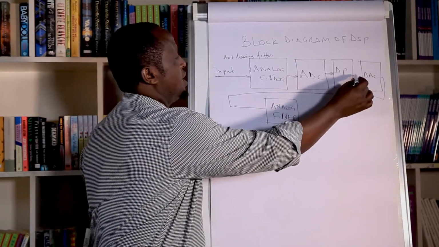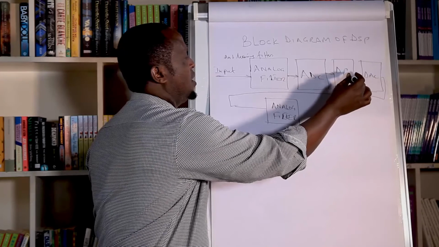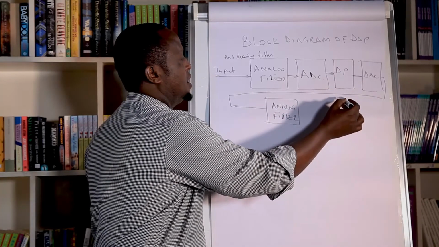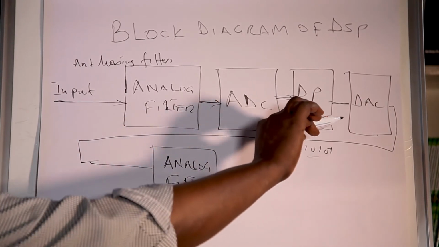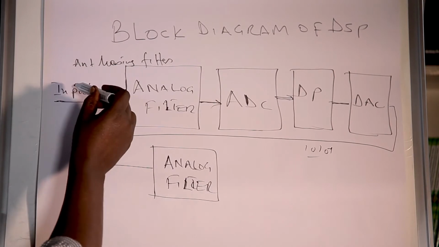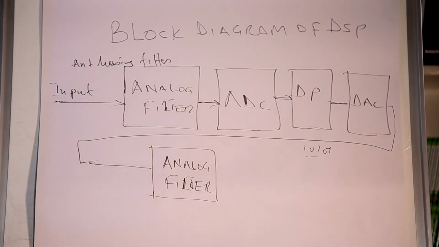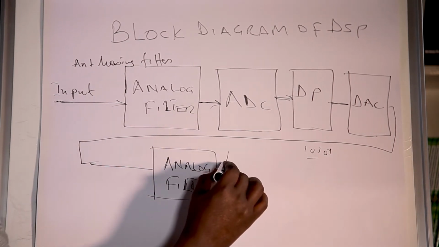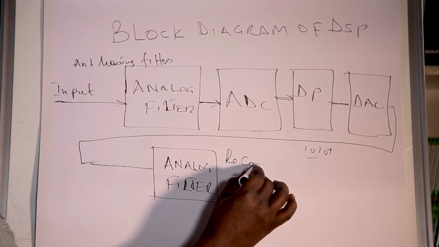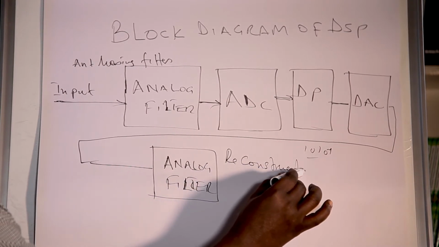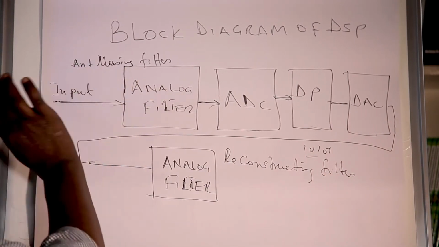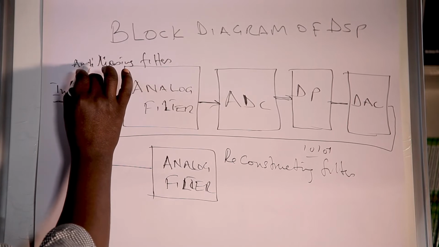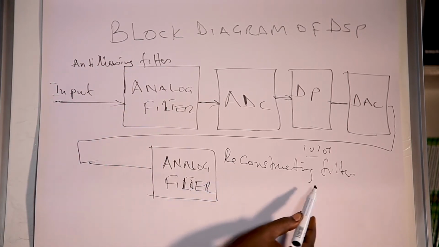And then from there, the digital processor, after getting the output, for example, say 1010 in terms of digital form, can be converted again at its output. But in the end, this portion will have reconstructing filters, realizing filters.